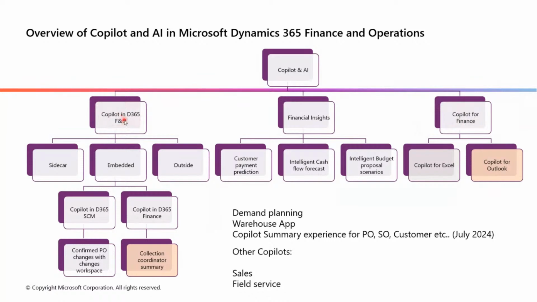If you have to understand what is relevant within the finance and operations in D365, you need to follow the words like Copilot in D365 finance and operations. Anywhere you find this, that means that is the embedded Copilot capability which you have for that particular application. Now, today we are going to talk about the finance and operations, but there are a lot of co-pilots which are available. So you might have a co-pilot for sales, field service, and other customer engagement related apps.